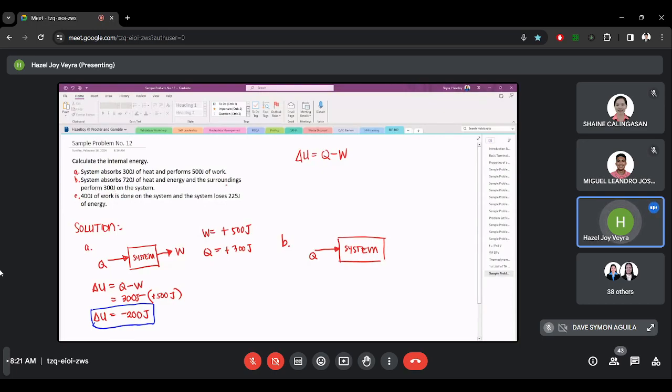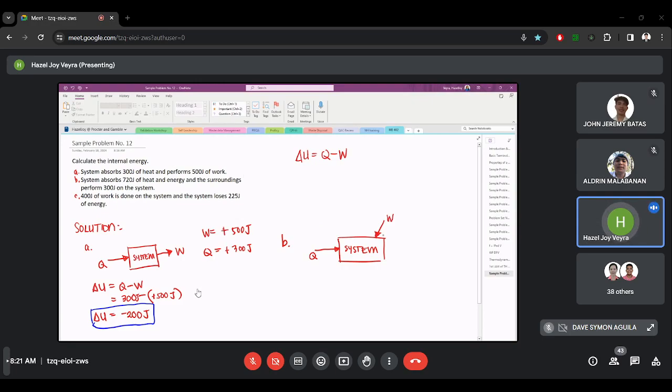Yung surroundings daw nag-perform ng 300 joules on the system. Yung work natin ay ano? Negative po. Correct. So, meron tayong system and surroundings. So, si surroundings daw ang nag-perform ng work doon sa system.